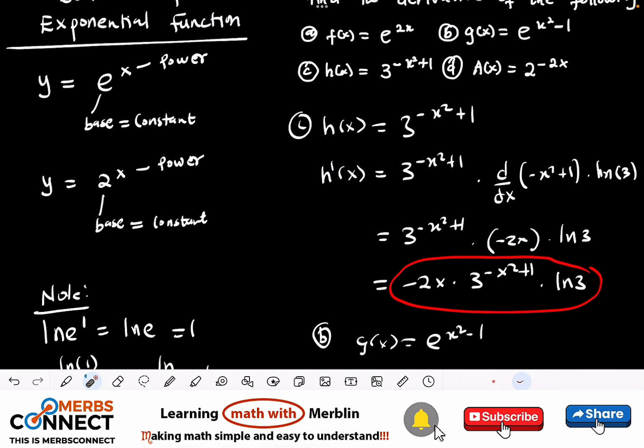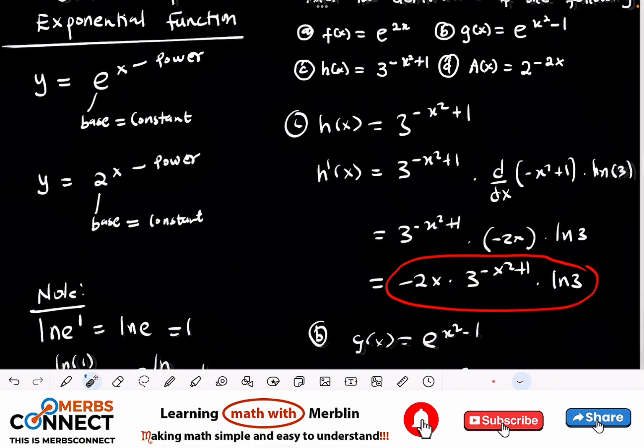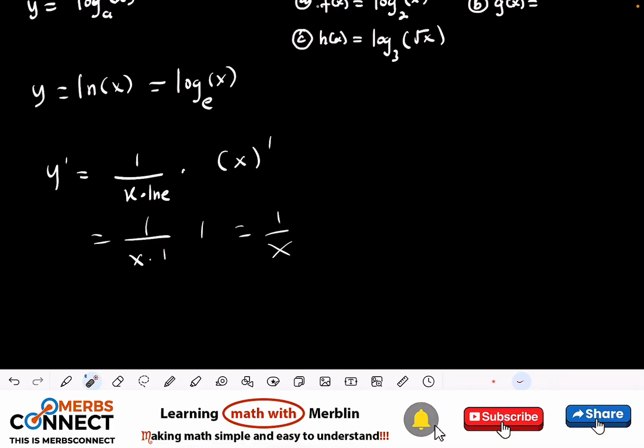The same idea here, we multiply it by ln of the base, which is e, and we were getting 1. So that is the idea of what you are going to do here. So the same process here, this is what you are going to do.